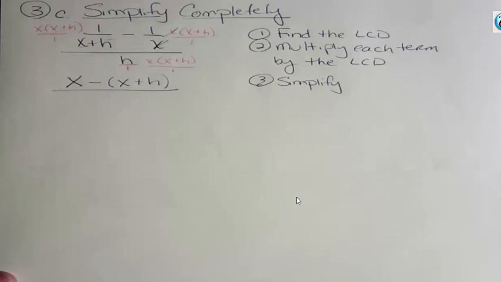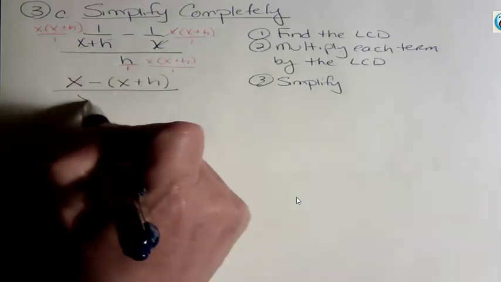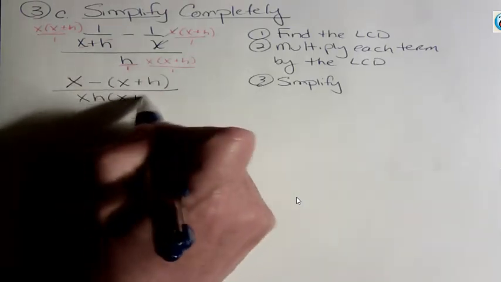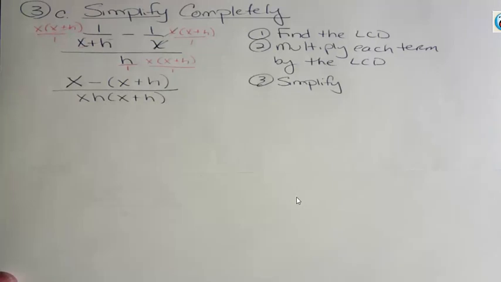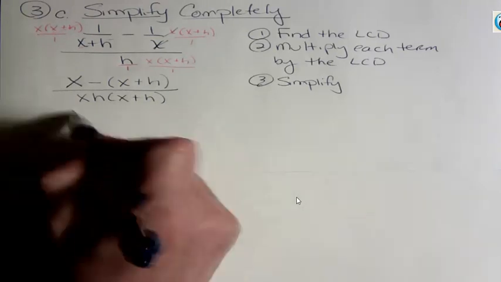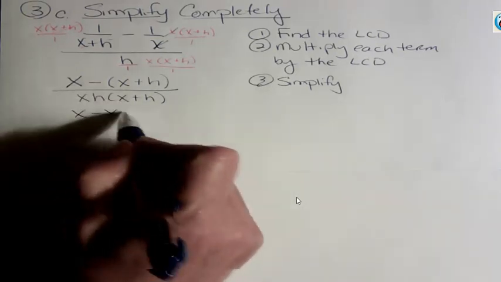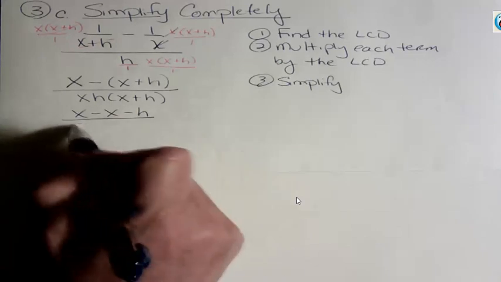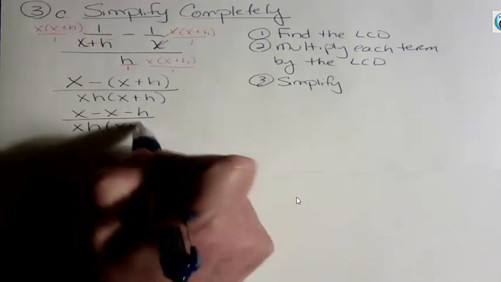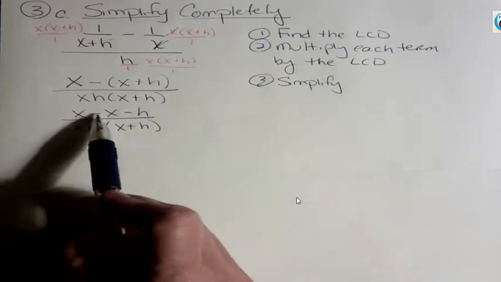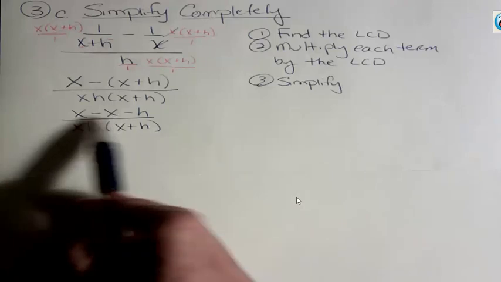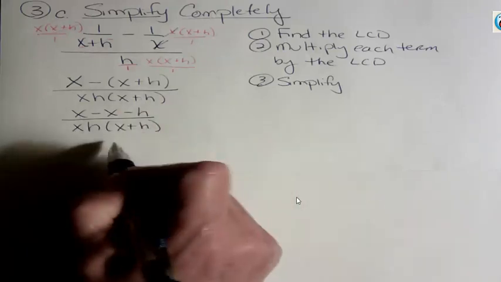And for the last part, you just get xh, x plus h. Okay? And then I'm going to simplify this top, distribute the negative, negative x, negative h. And finally, x minus x, those are additive inverses. So I'm left with negative h.